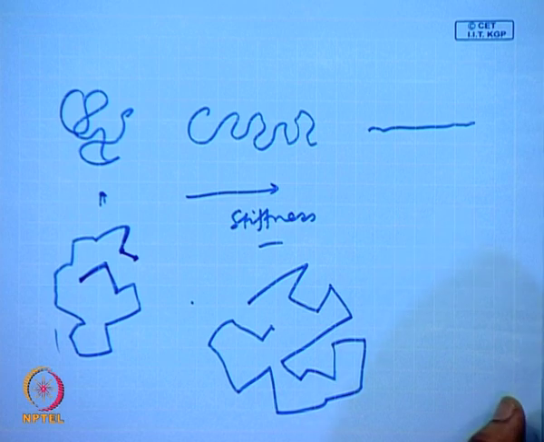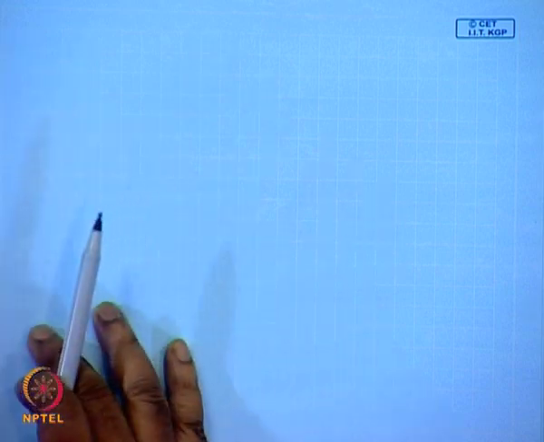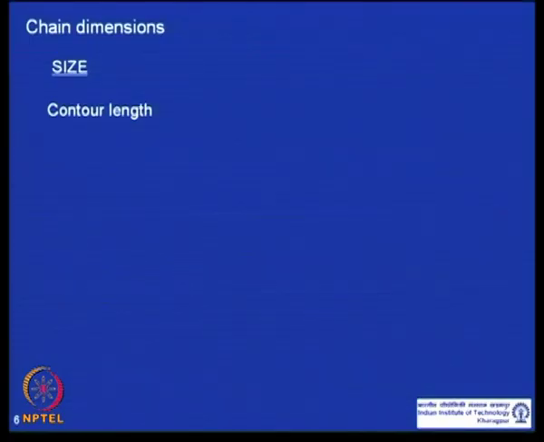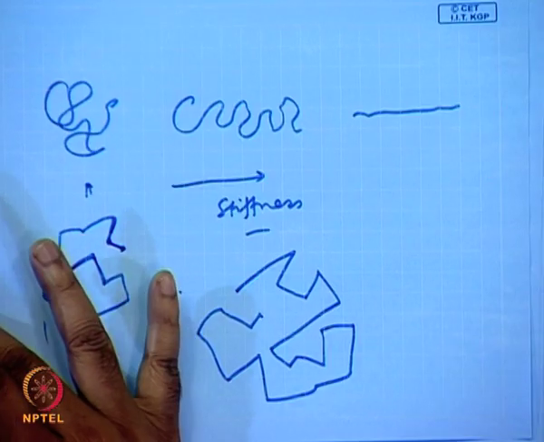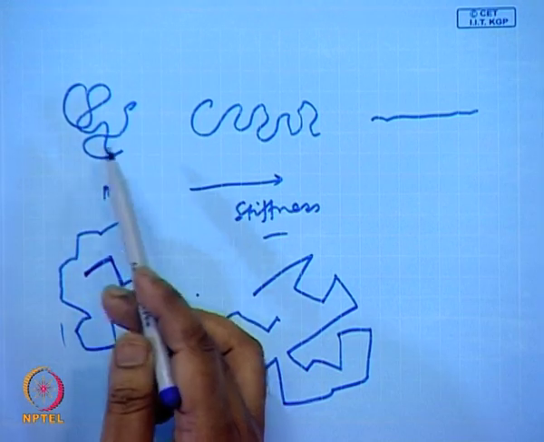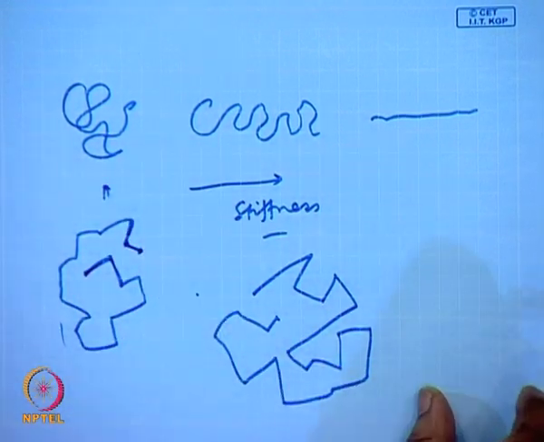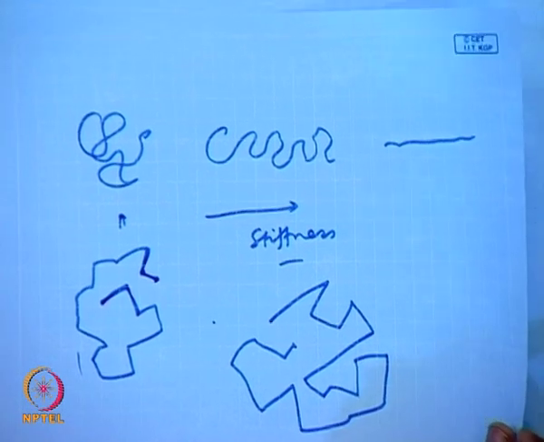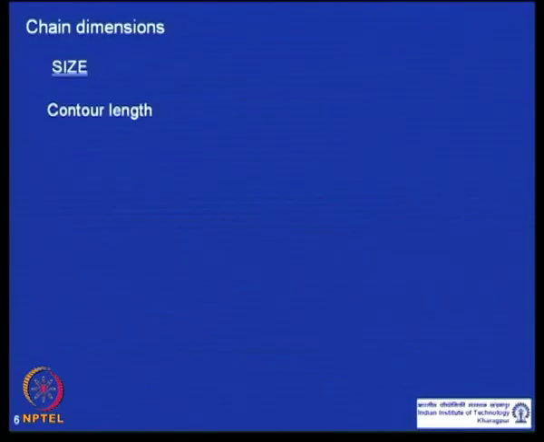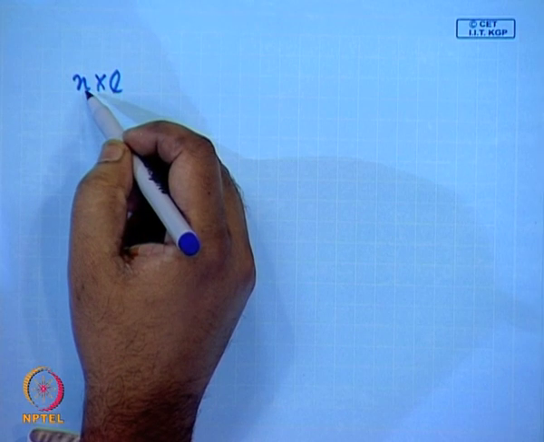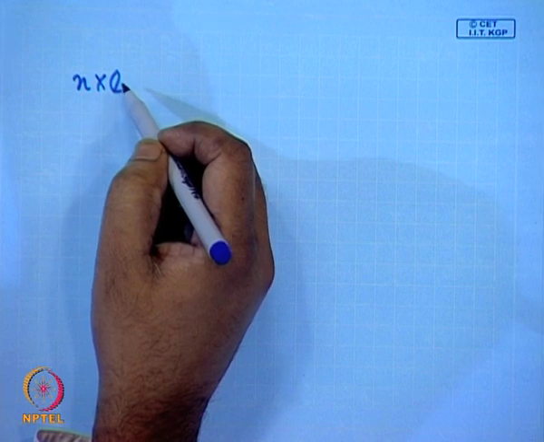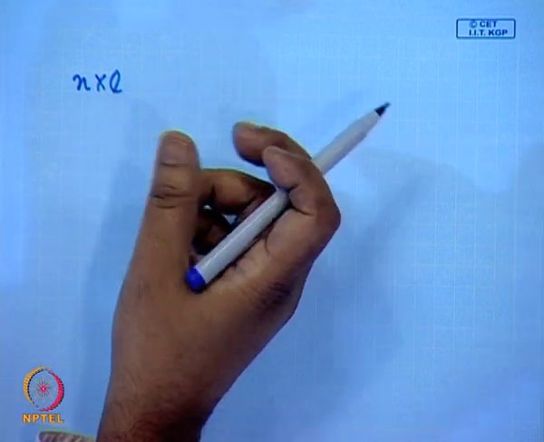Now, let us talk about size. What is size? When you write a polymer chain like this, as we say all the time, what do we mean by size? Of course, one of the basic sizes is the contour length. Contour length is basically n multiplied by L, where n is the number of bonds and L is the length of each bond.